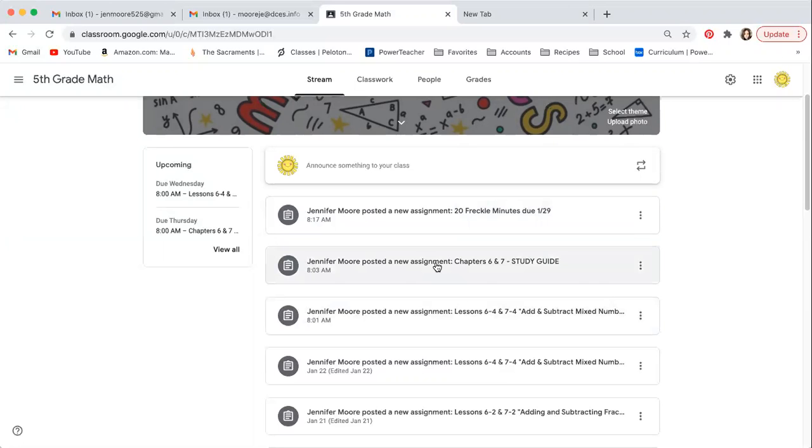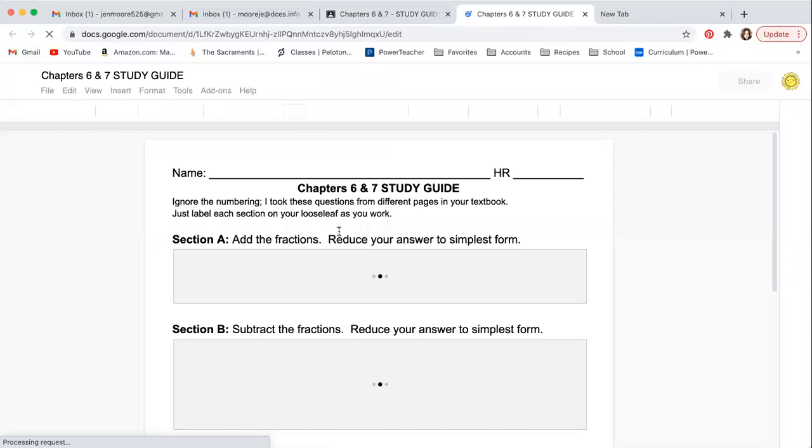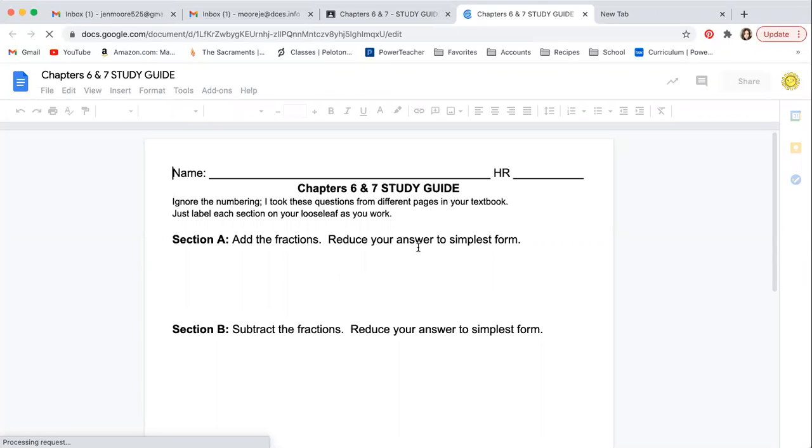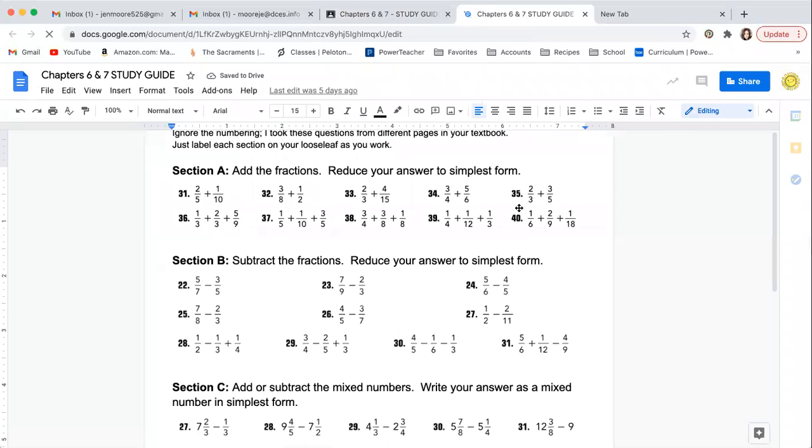So if I open the study guide post here, you can see that I have a couple of sections listed, and that's because I took screenshots of problems from your textbook, so they don't have a predictable number order because I grabbed a little bit from each section, okay?